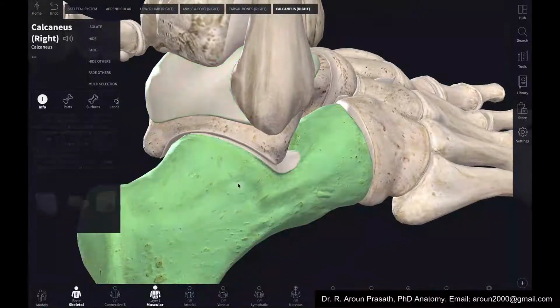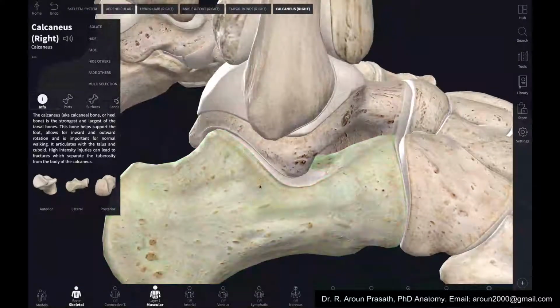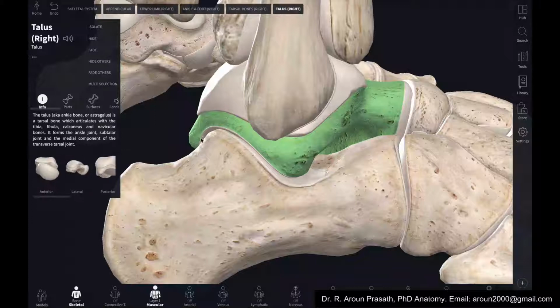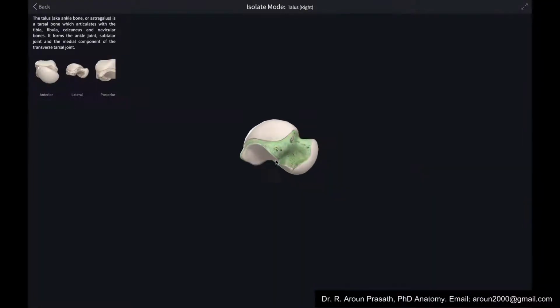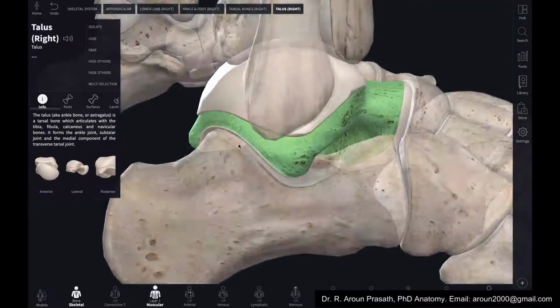This is the calcaneum bone, and this is the talus bone. You can see the concave articulating surface of the talus. This joint between the talus and the calcaneum, on the anterior side as well as the inferior side, we call the subtalar joint.